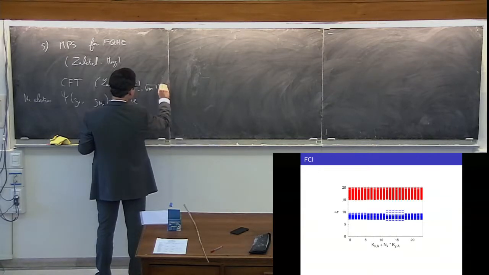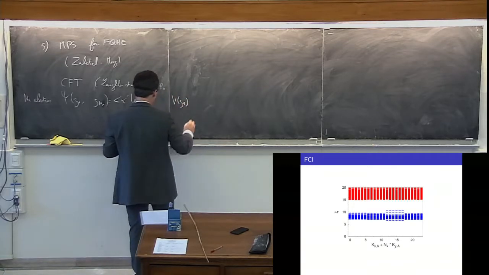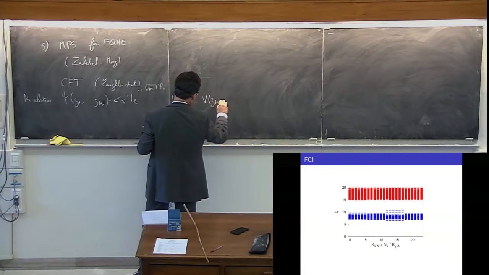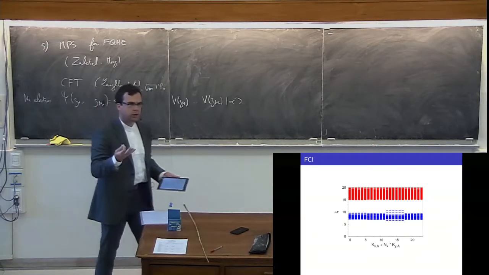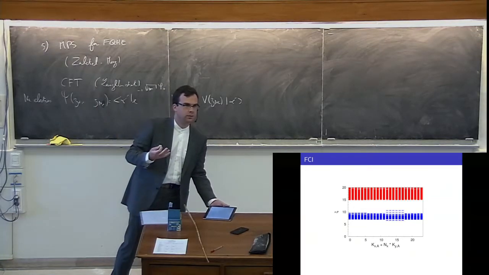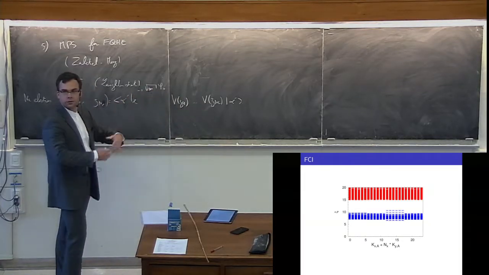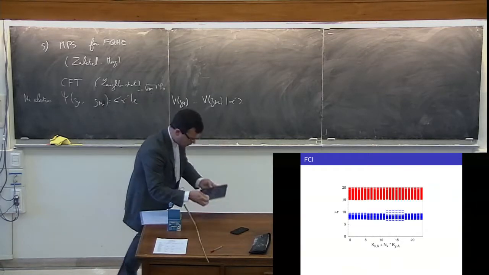You have the vacuum state, then the product of vertex operators V(z_1) to V(z_N). Did you introduce the background charge? Yep. Okay, so you know this guy. This is the background charge that will just make sure that your system has zero charge at the end.